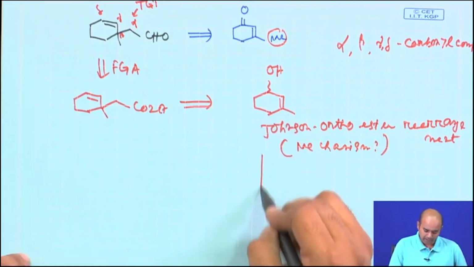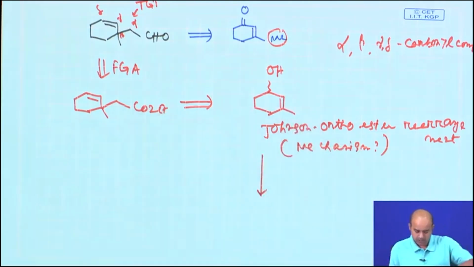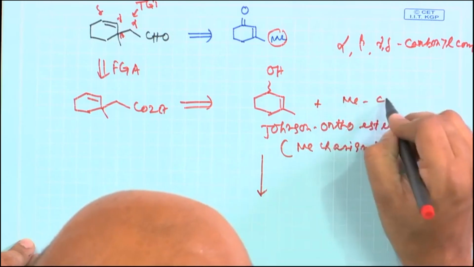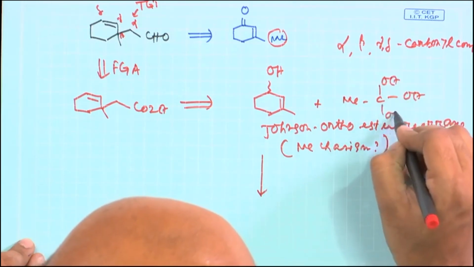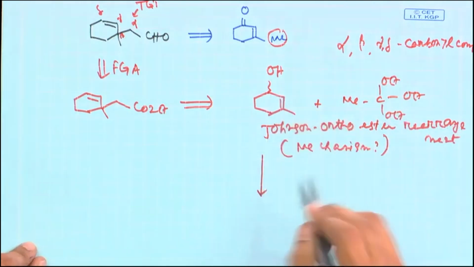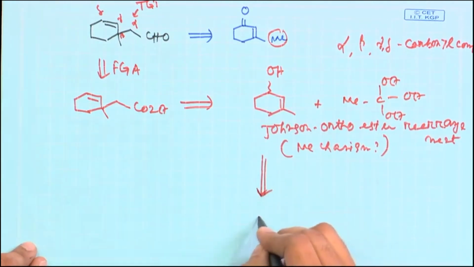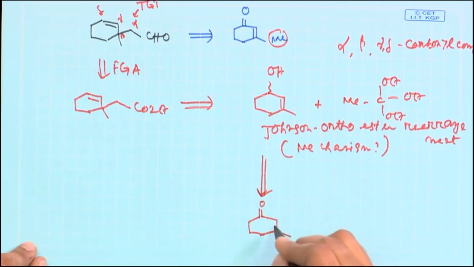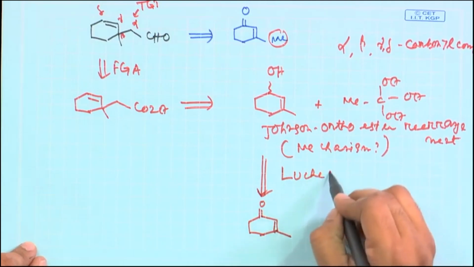Once you have these starting materials, you can do a Johnson orthoester rearrangement, and the reagent used here is trimethyl orthoacetate. This starting material can basically be synthesized by a Luche reduction.